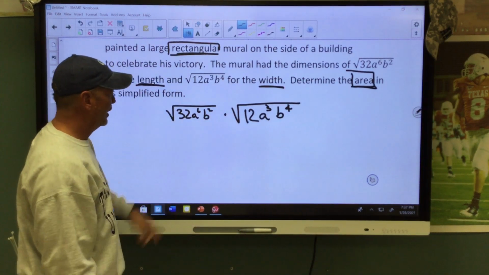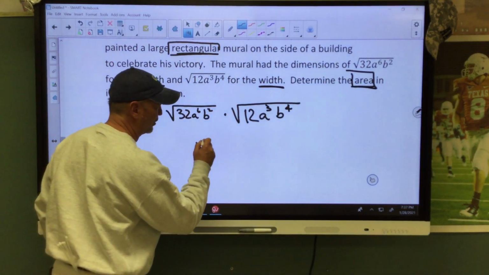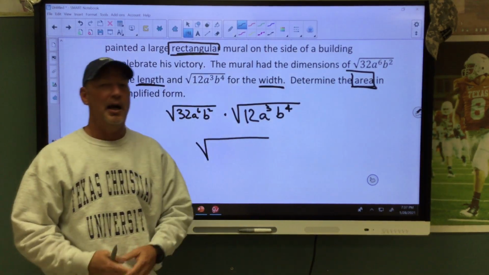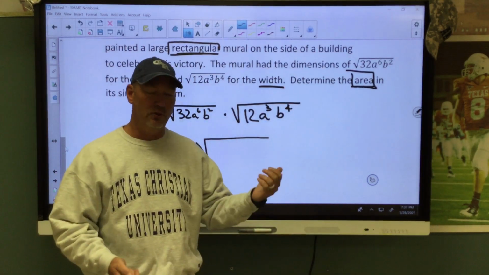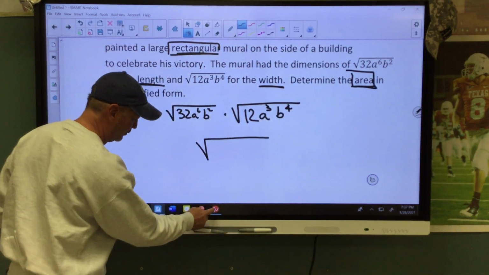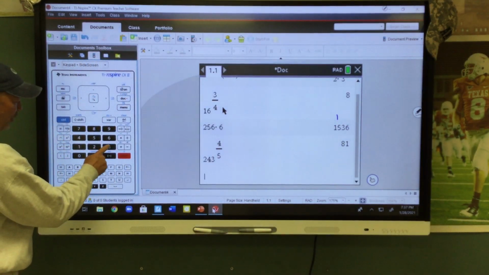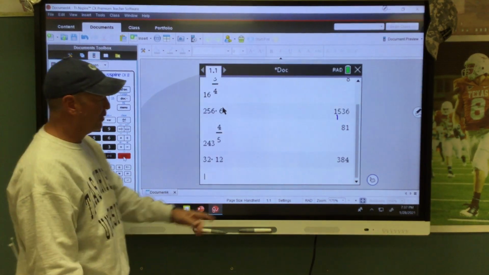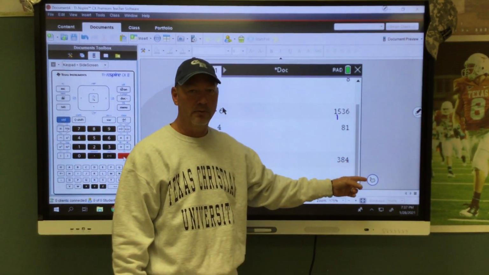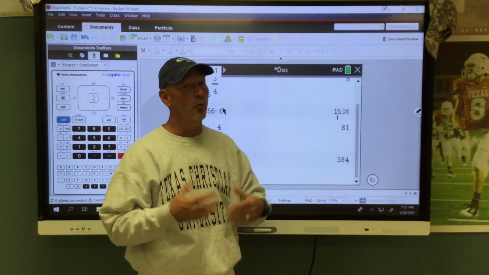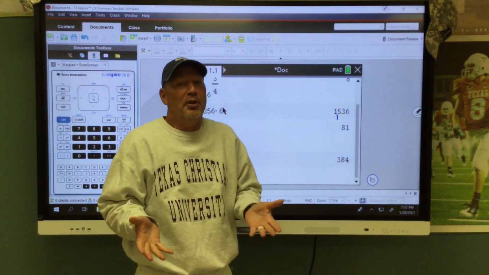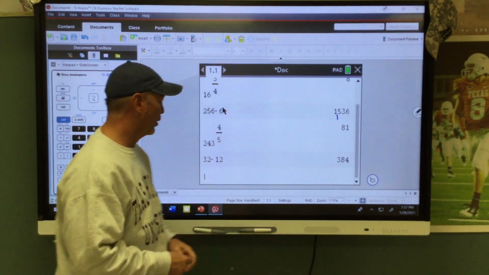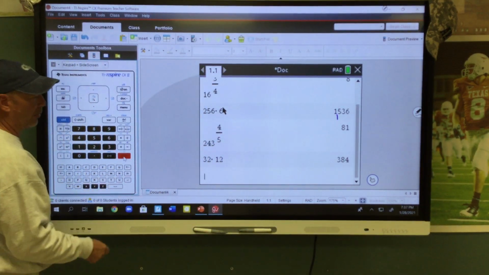So we're going to get the square root, but I need to go 32 times 12. I don't know what 32 times 12 is, so let's use the calculator. I'm going to ask you to go to 32 times 12, and I'm going to hit enter, and that's going to be 384. But I'm going to tell you right now, we're going to have to simplify. I don't know what that is in prime factorization, so we're going to go ahead and find the prime factorization.